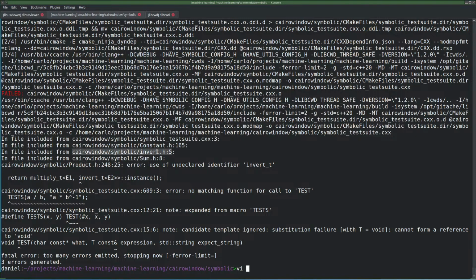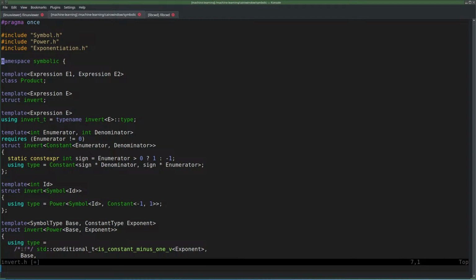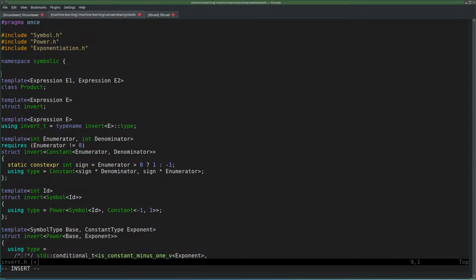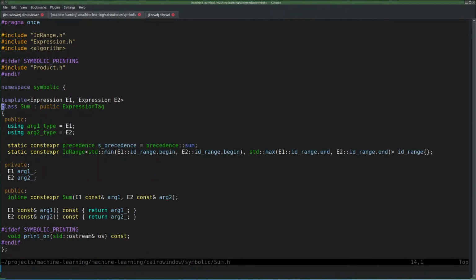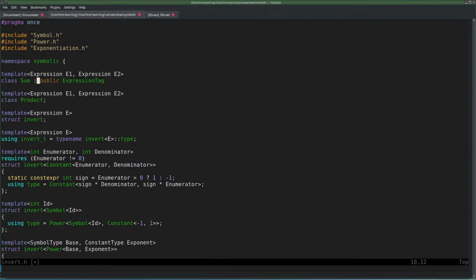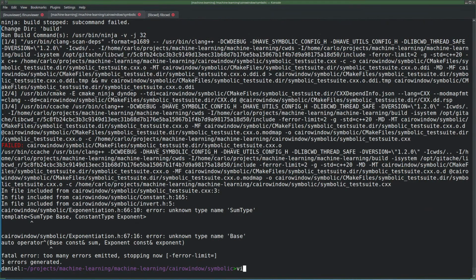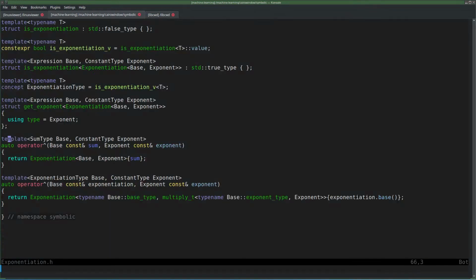So we can also not include sum then. So let's try to forward declare sum. And pray. Unknown type, sum type. That is in exponentiation.h. So now we get the next one.